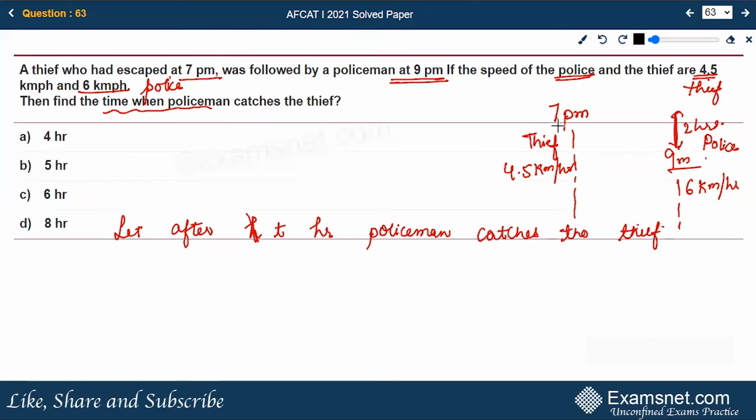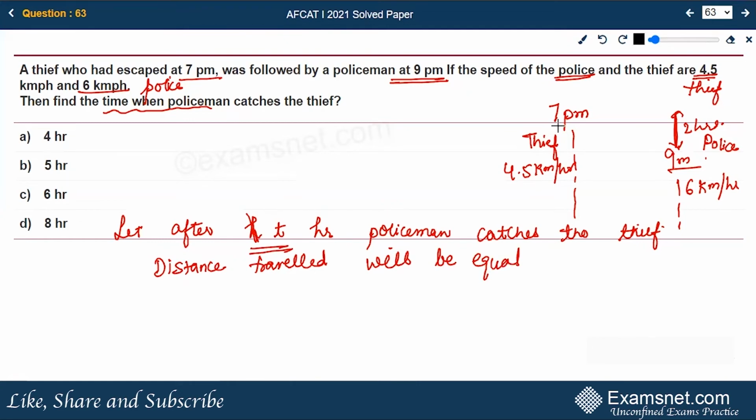Obviously, when the policeman catches the thief, the distance both would have traveled will be the same.